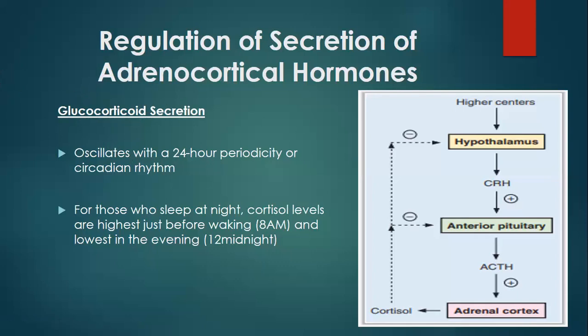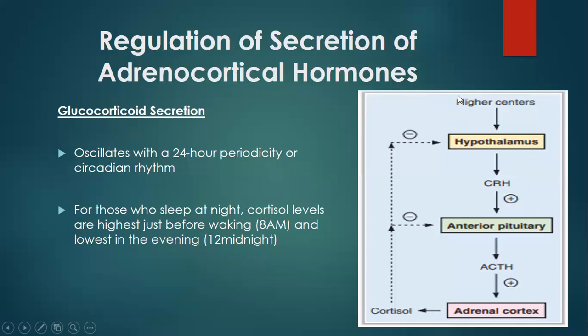For those who sleep at night, cortisol levels are highest just before waking up, 8 a.m., and lowest in the evening, 12 midnight. So I want you to look at the figure on the right, which shows how your glucocorticoid secretion is regulated.